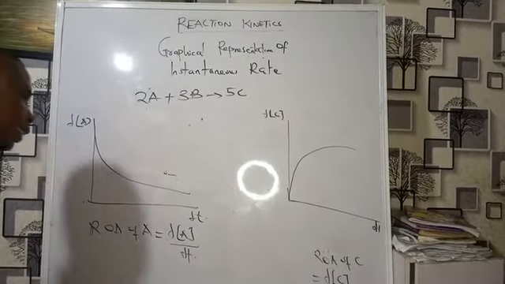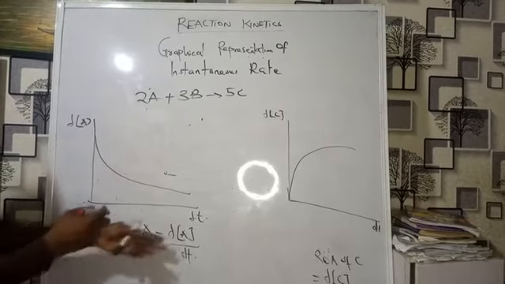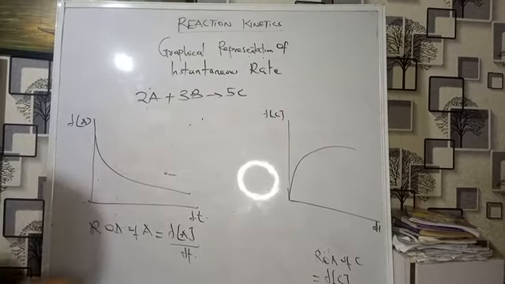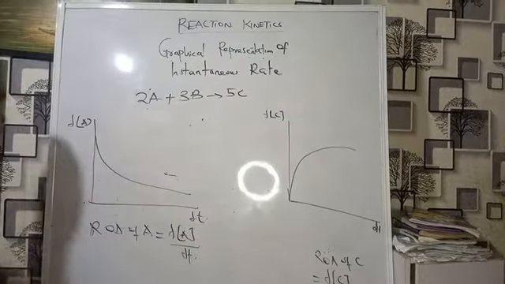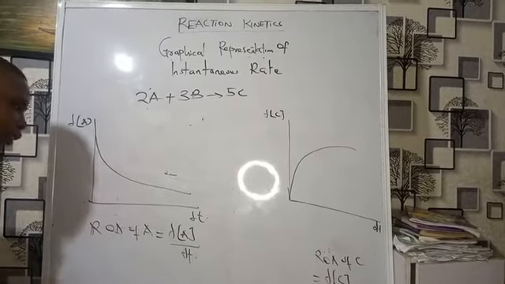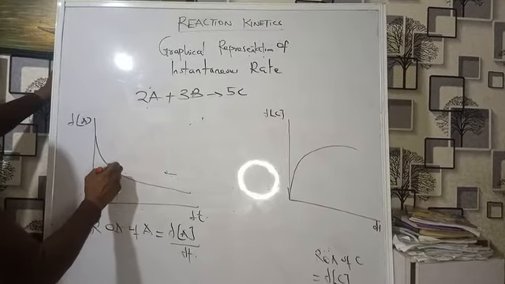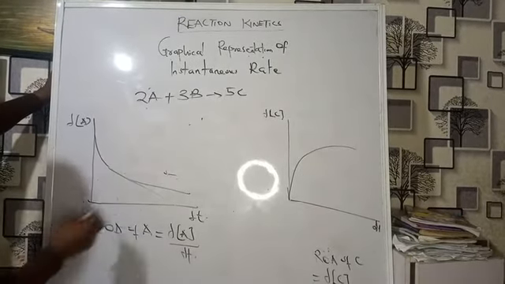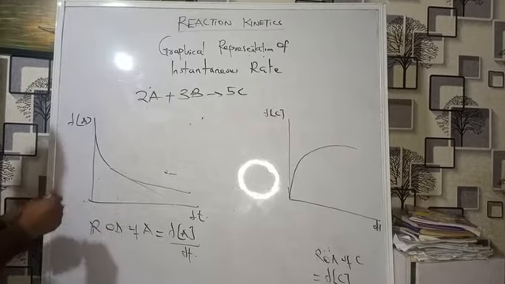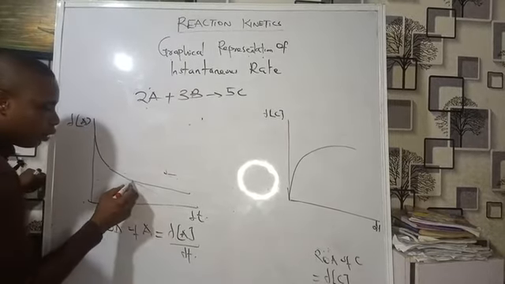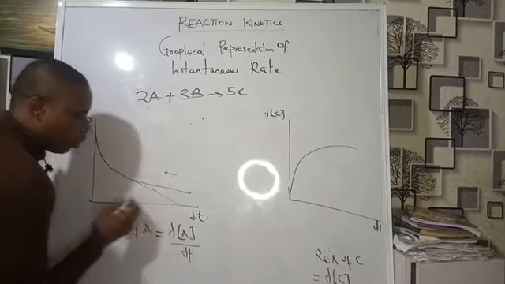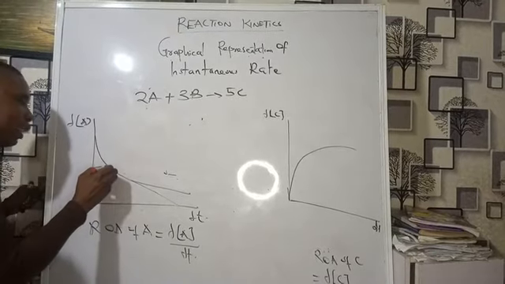Okay, so we can see. Now in this case, don't need to add negative because we have negative slope already. So now this is rate of disappearance of A. If you want to draw it, you draw a tangent. You draw a tangent. Okay? You draw a tangent because we are picking a point here.